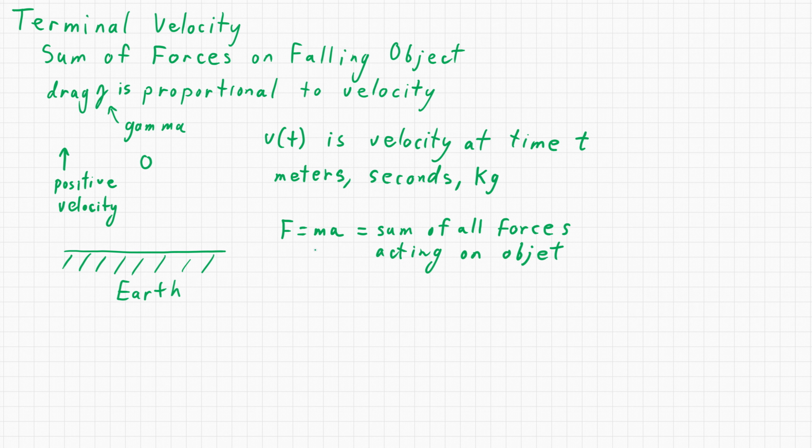The next thing we'll need is Newton's law. Force equals mass times acceleration, so mass times acceleration equals the sum of all forces acting on the object. Now we have to figure out all our forces. There are a couple of cases here.